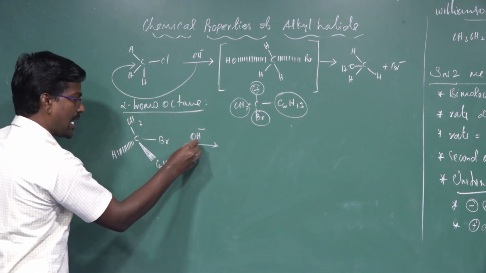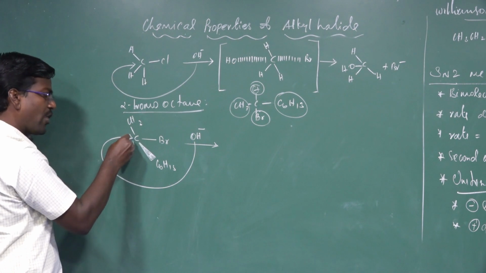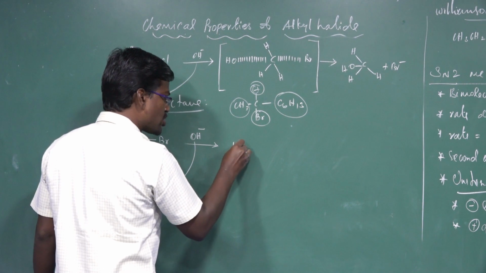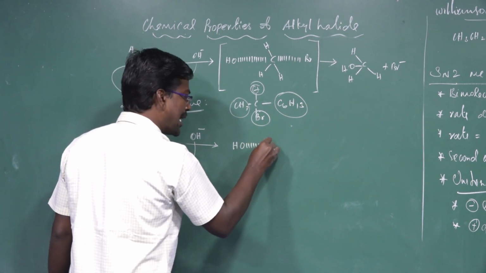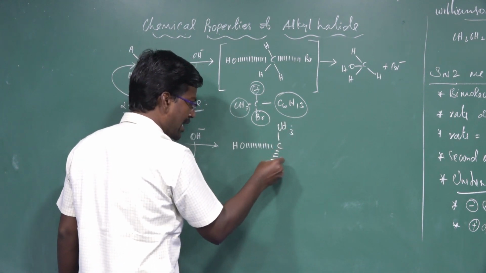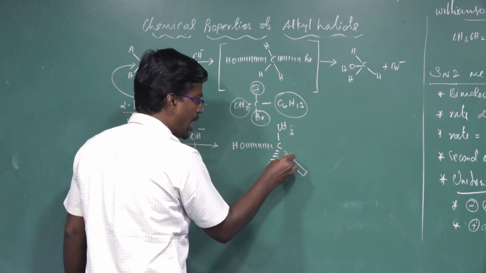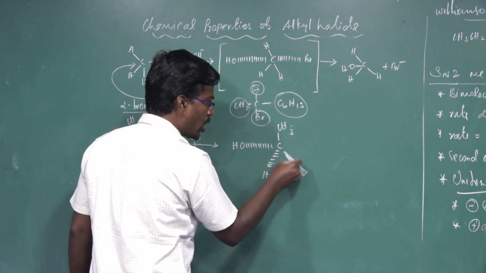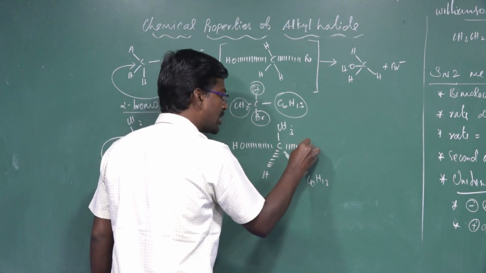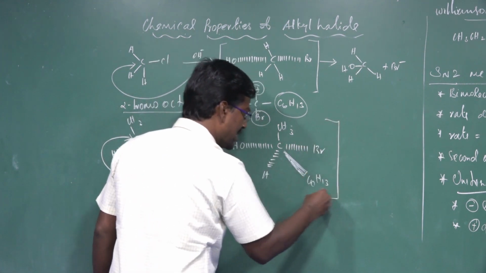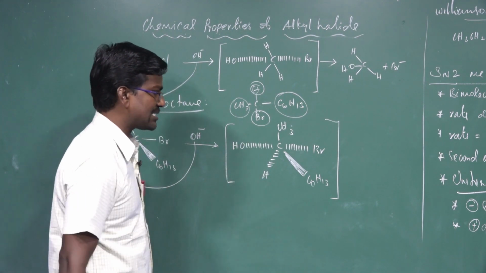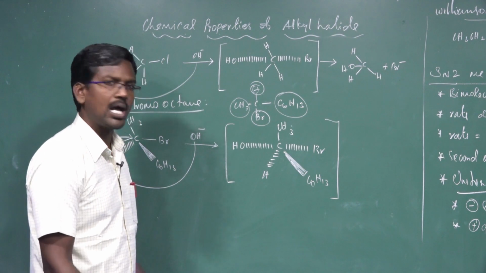The OH minus ion attacks the back side, the opposite side of the bromine atom, to form an intermediate stage: HO partially bonded with the carbon atom, CH3, hydrogen atom, covalent bond with the alkyl group C6H13, and partially bonded with the bromine atom Br. This state is known as the transition state, intermediate state, or unstable state.